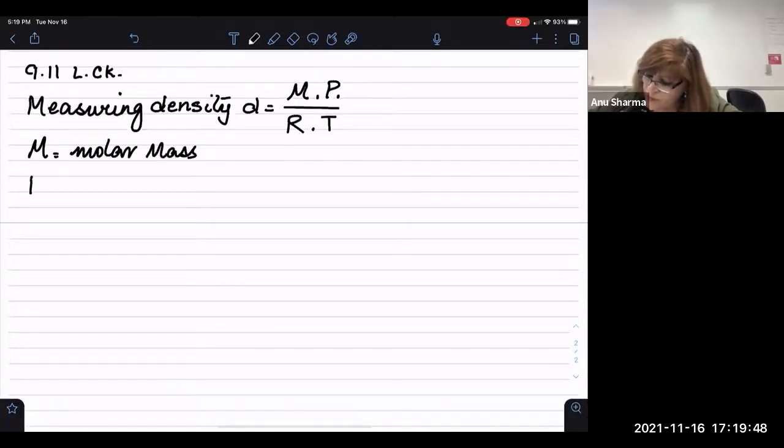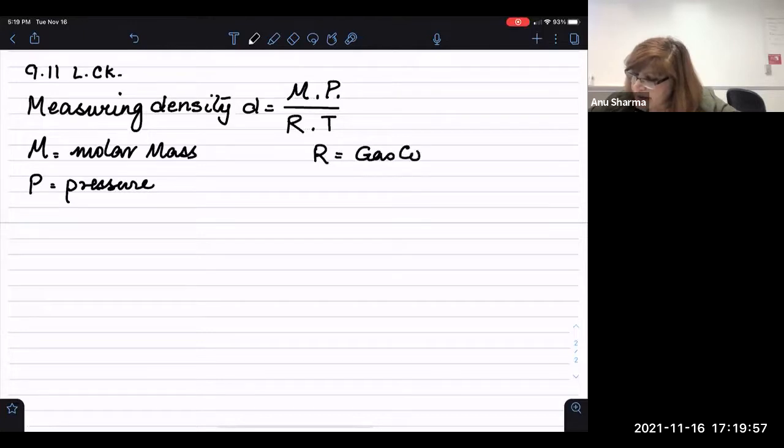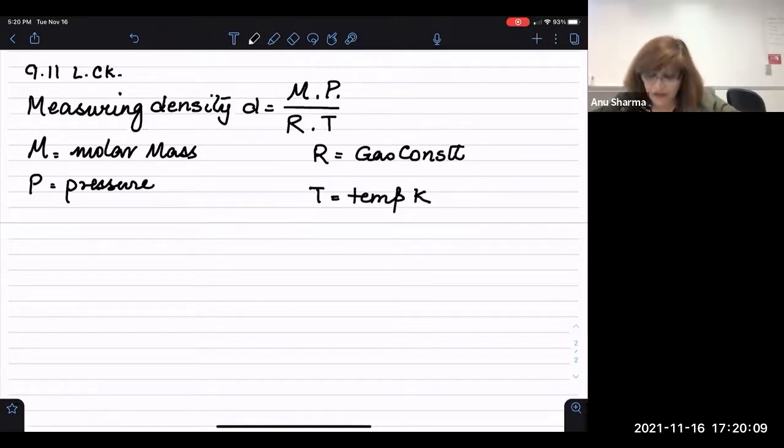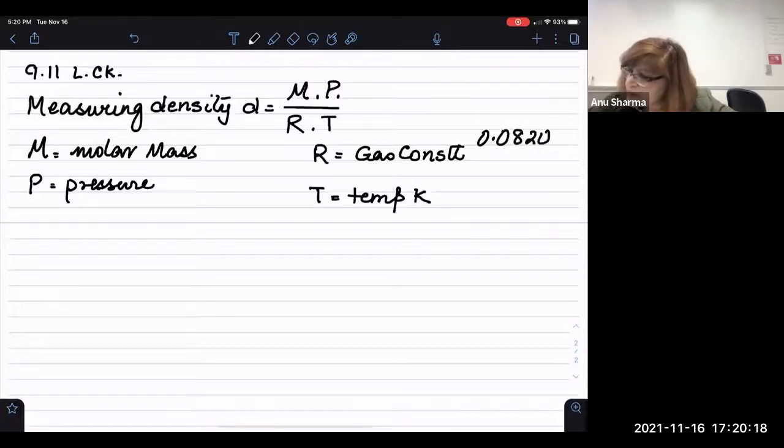P stands for the pressure the gas is exerting, right? R stands for the gas constant, and it has a value here. And then T is the temperature. Now, temperature will be in Kelvin, so whatever you get in Celsius, you convert that to Kelvin. The value of the gas constant is 0.08201.